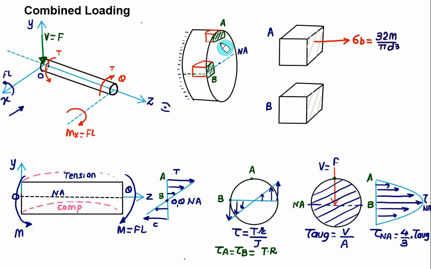For that we have to see the direction of torque. In this case the direction of torque at point O will be like this. So the shear stress will act in this direction, which is the same as the anti-clockwise direction. If you draw the perpendicular here, you will get the direction of shear stress as anti-clockwise.